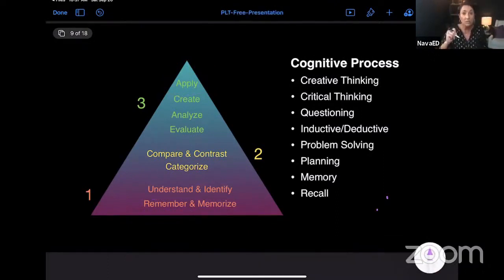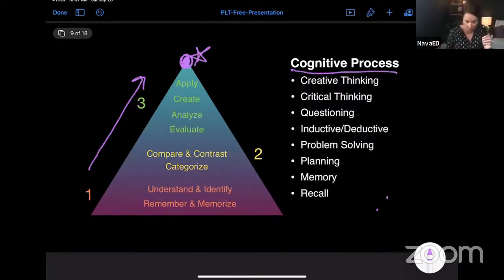Now, we do want to constantly be pushing the kids up to the top of this pyramid. This is the goal, right? Critical thinking, higher order thinking, constantly push, right? And this will also be referred to as the cognitive process. So the way I like to think of it is this way. Level 1, the bottom of the pyramid, are these skills: understand, identify, remember, and memorize.